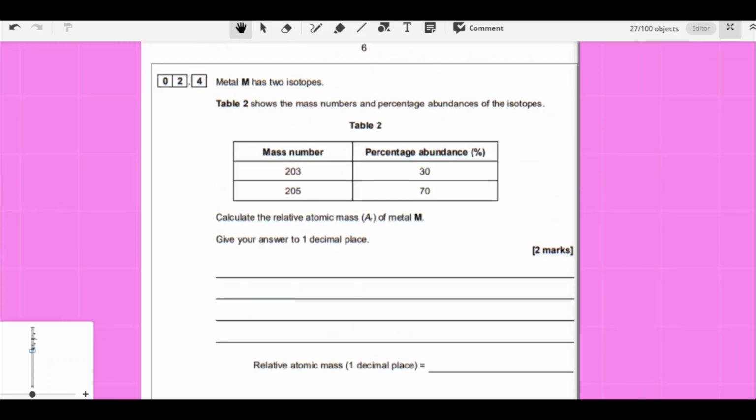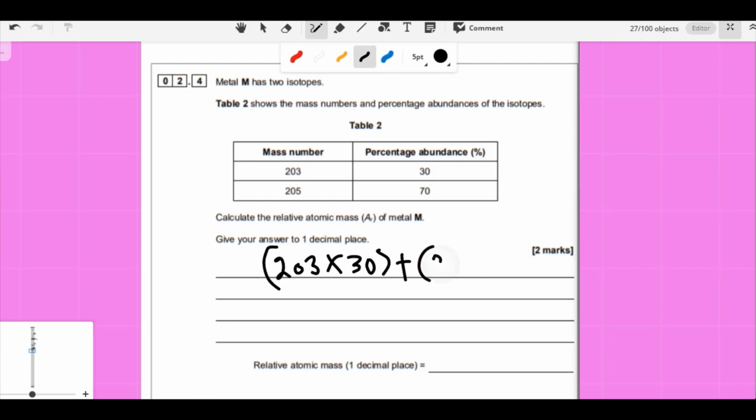Okay, now here is a very easy question regarding isotopes, where you have to find the relative atomic mass. For the relative atomic mass, the mass number is 203 with percentage 30. So we multiply 203 times 30 by its isotopic abundance, plus the second isotope mass number, 205, times 70, divided by the total percentage, which is 100.